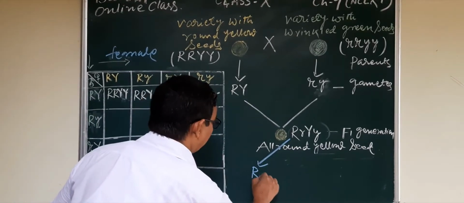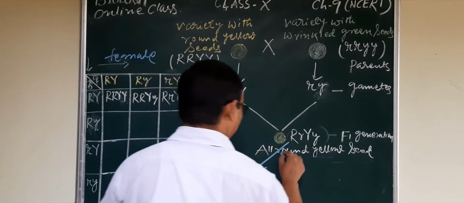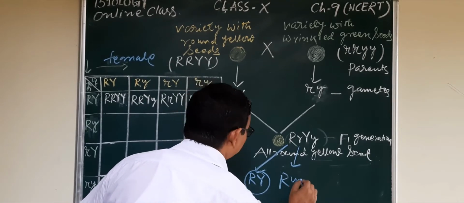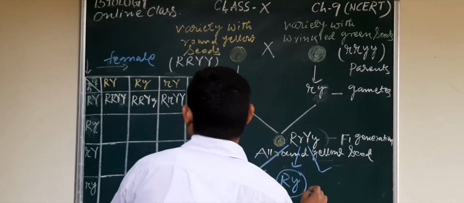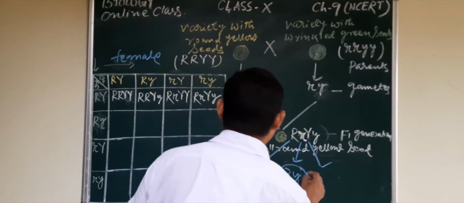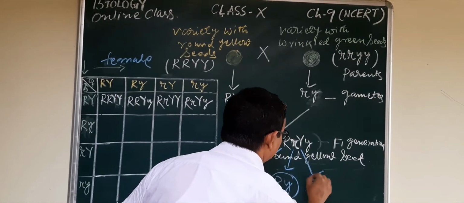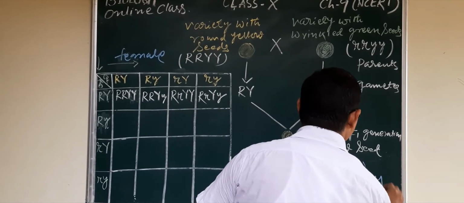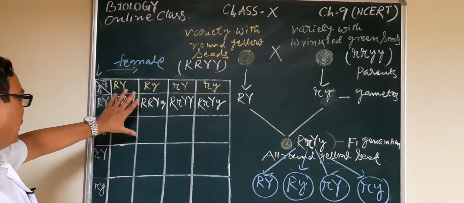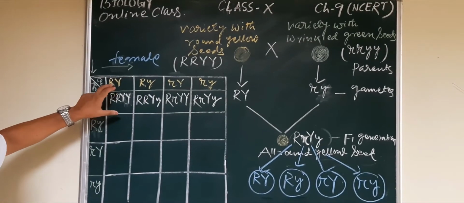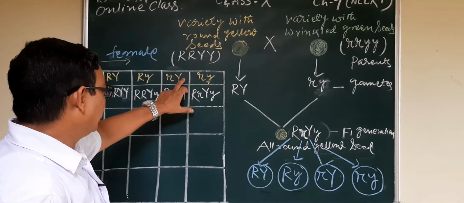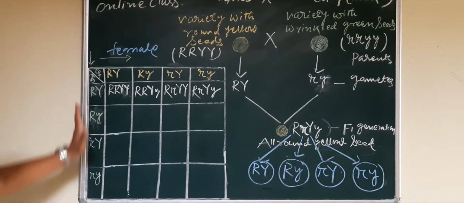In this way we get 4 different types of possible gametes: capital R capital Y, capital R small y, small r capital Y, and the fourth one, small r small y. Whether male or female, both will produce similar types of gametes. So here we have put the female gametes, and here the same has been put for the male.